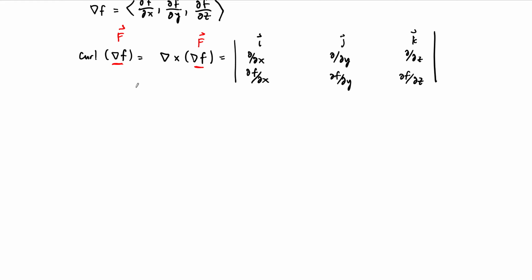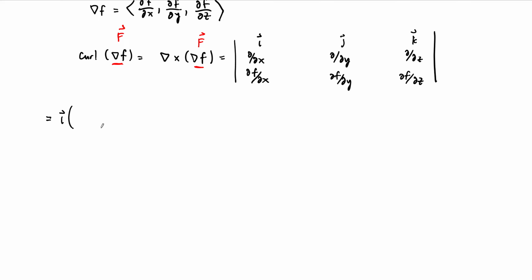How do we compute? The cross product we always compute the same way. We go across, especially when it's symbolic like this. We go across the top row and we write out the component functions. And as we go across, we delete the row and the column that i lives in, and we apply the operator in row 2 to the function in row 3, and we have this kind of addition-subtraction relationship.